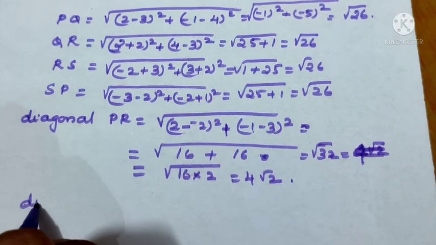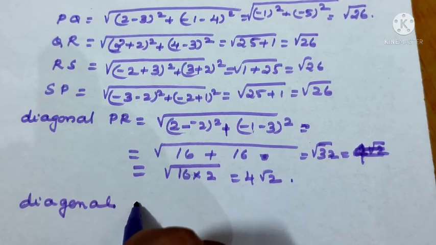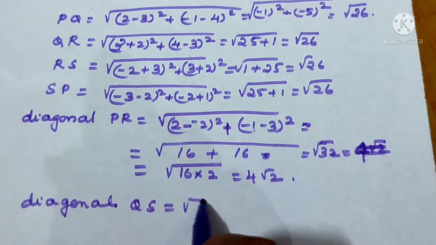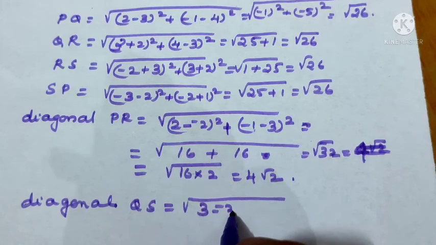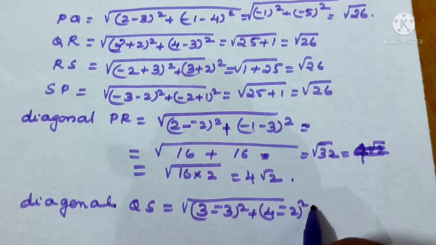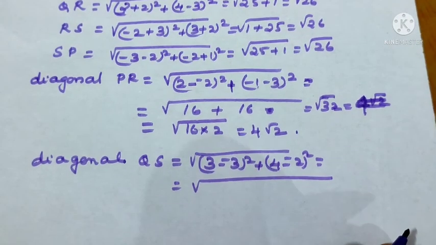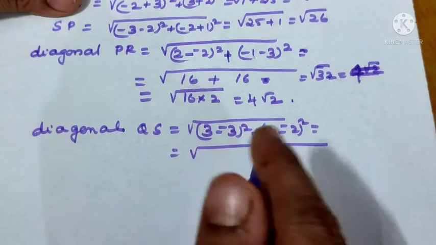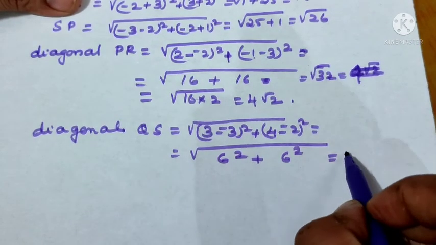Similarly, the other diagonal QS: (3 minus (-3)) plus (4 minus (-2)) whole square. 3 minus minus 3 means 6 square, plus 4 plus 2, that is also 6 square.